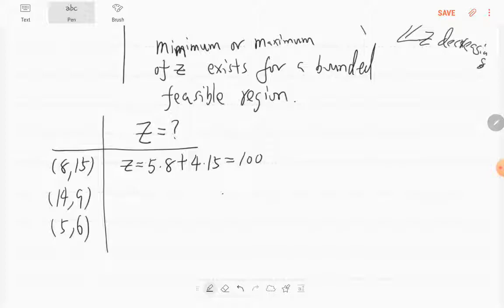For this point, z equals 5 times 14 plus 4 times 9. 14 times 5 equals 70, 70 plus 4 times 9, which is 36, so 106.